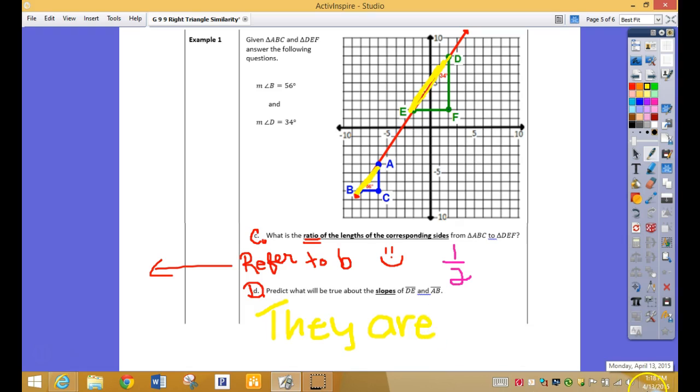Don't think too hard. One word starts with an E, one word starts with an S, and it's not similar. They are the same, or they are equal.